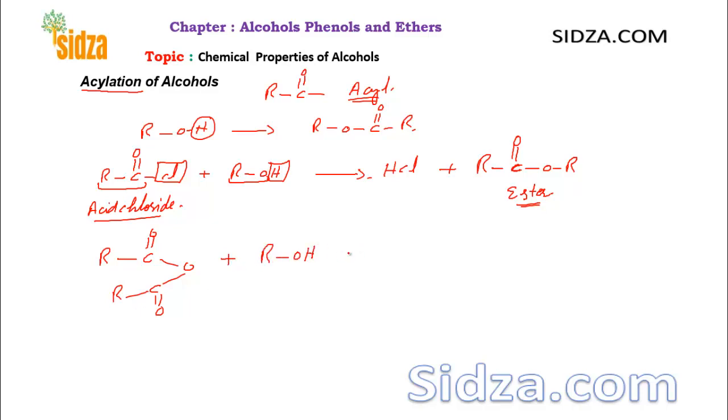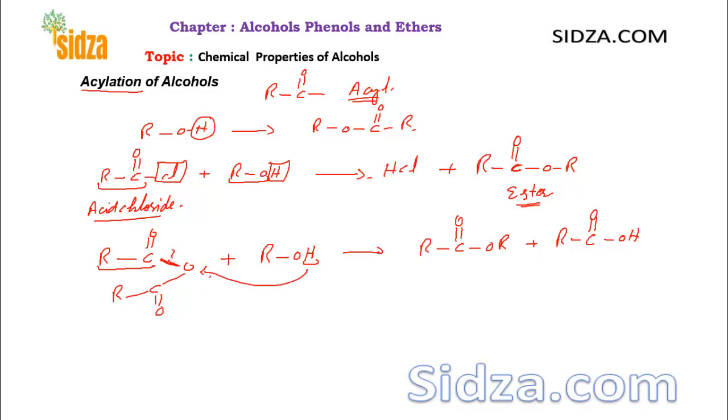When you react it with alcohols, the bond breaking takes place here, so the acyl group from the anhydride replaces the hydrogen, and you get RCOOR, which is an ester, plus a carboxylic acid, RCOOH, because this particular hydrogen will now react with the oxygen here.